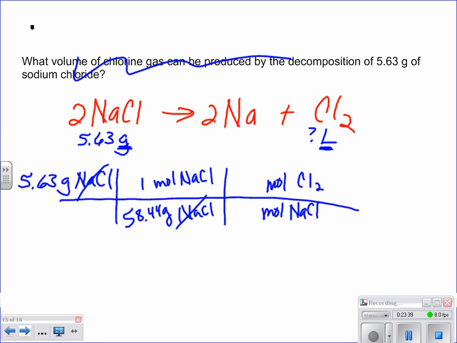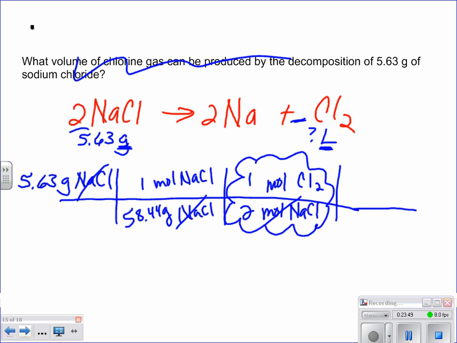What number goes up top? Bottom? Okay. So you guys looked at your balanced chemical equation. That's that step. Now that you've got it as moles of chlorine, what are you going to put up top? Liters of chlorine. What number goes with the liters? Good.